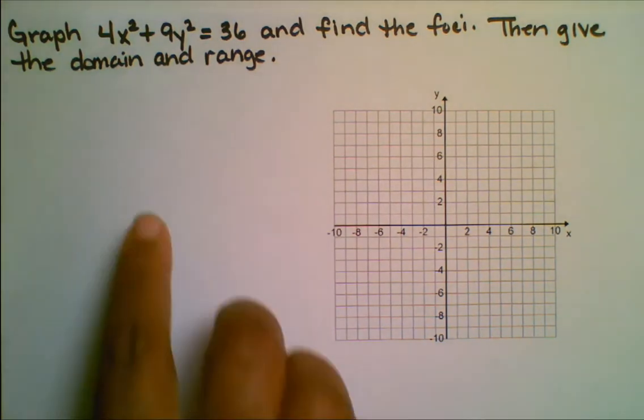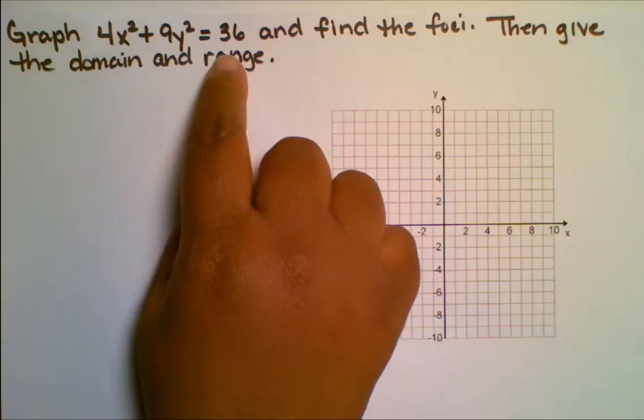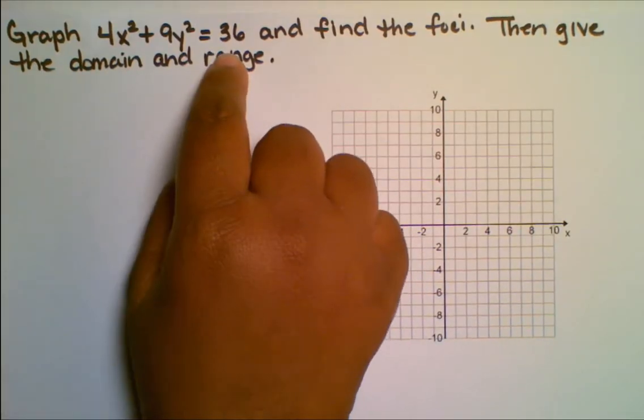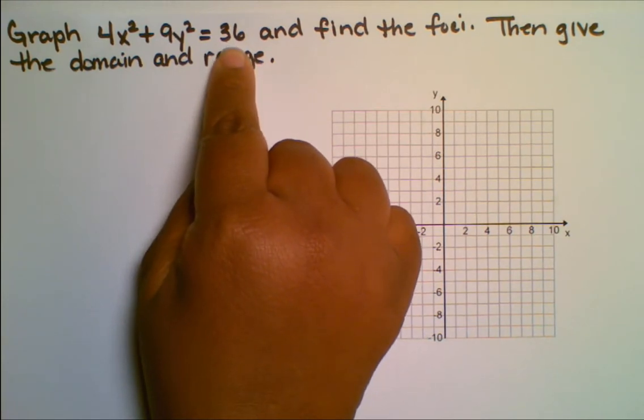And then we'll look at the hyperbolas and how to identify when it's a hyperbola. But before we graph, we want to make sure that we convert this equation so that it's equal to 1.